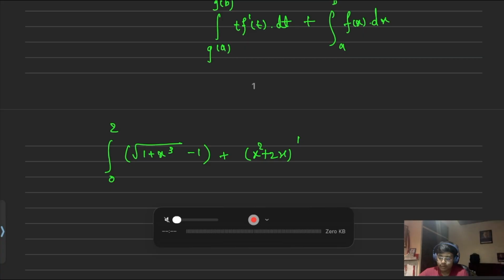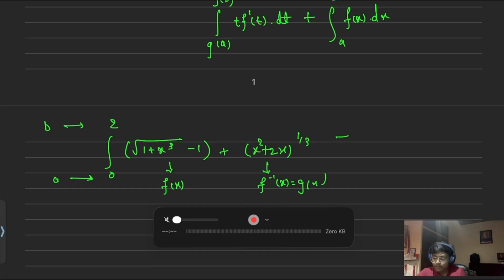If this here is f(x) and this here is f inverse(x), that is nothing but g(x), then it is very clear that if this is a and this is b, then f(a) is equal to g(a) is equal to a, and f(b) is equal to g(b) is equal to b.